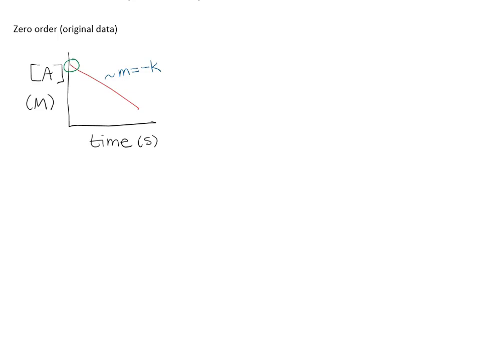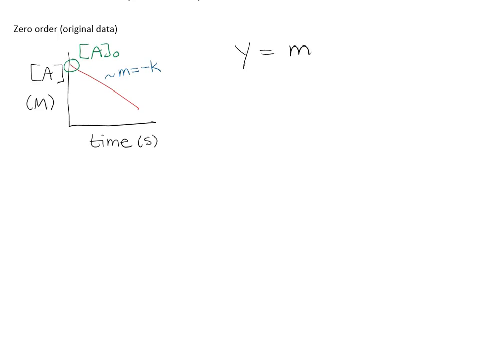So in this example, the y-axis is simply molarity. So that means that our y-intercept will also be molarity, and we indicate the molarity of the original substance, the original molarity, with the subscript 0 outside of the brackets.